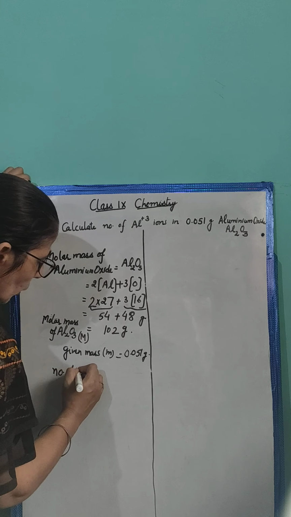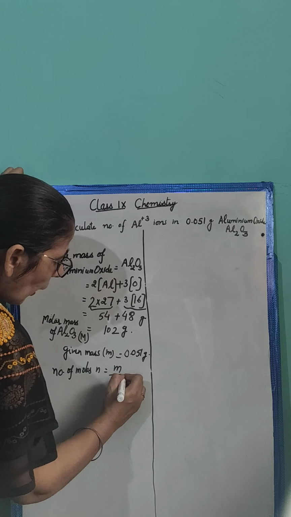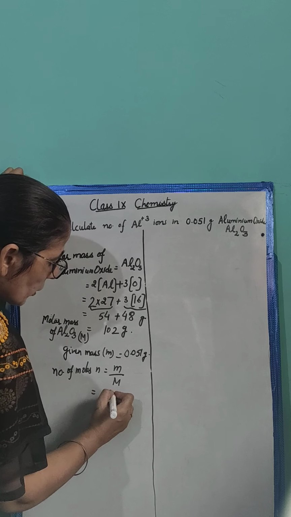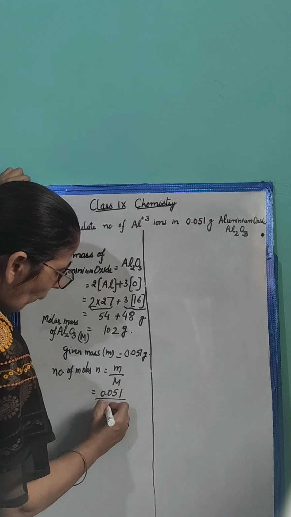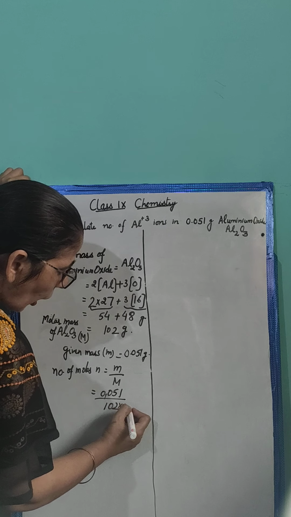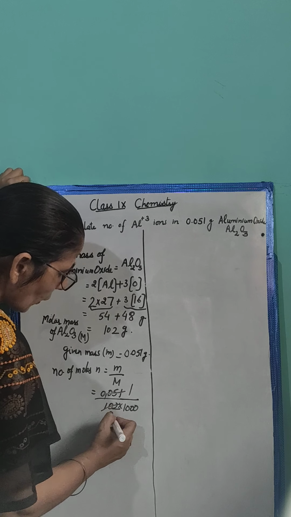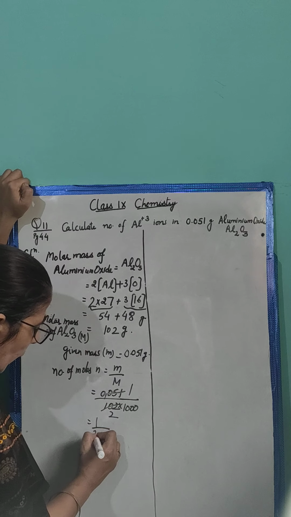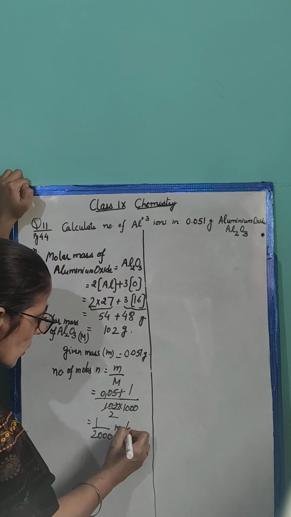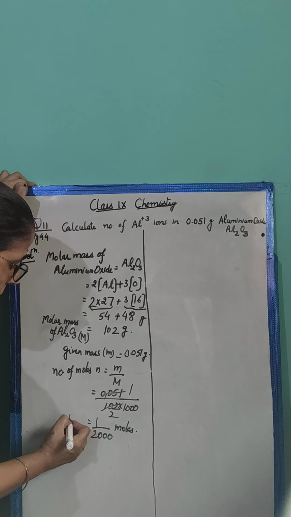Number of moles n is equal to small m upon capital M. This is 0.051 upon 102. I will remove the point here, 1000 will come down. 51 twos are 102, so I am getting 1 upon 2000 moles. In the given mass, these are the number of moles.